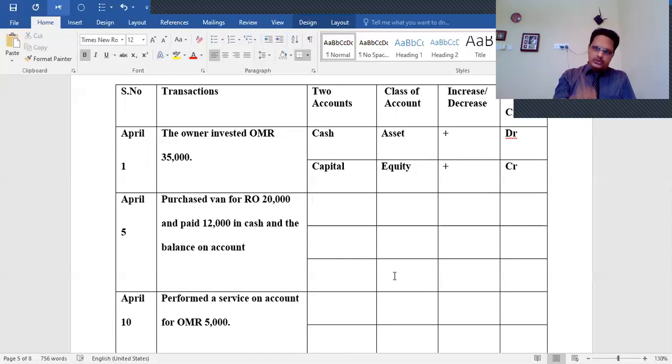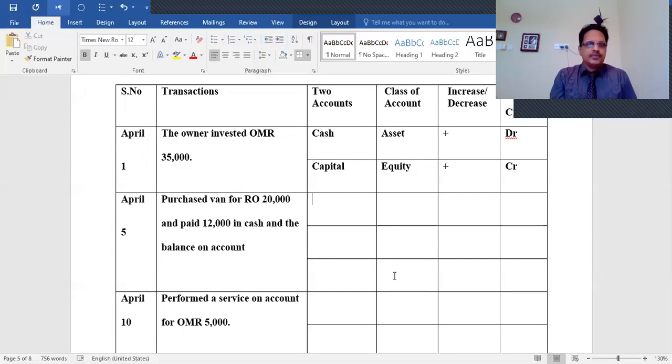When you purchase goods, debit purchases. When you sell goods, credit sales. In all other cases, when you purchase any asset, land, building, premises, vehicle, furniture, fixtures, debit the asset account, except goods. When goods are purchased, debit the purchase account.